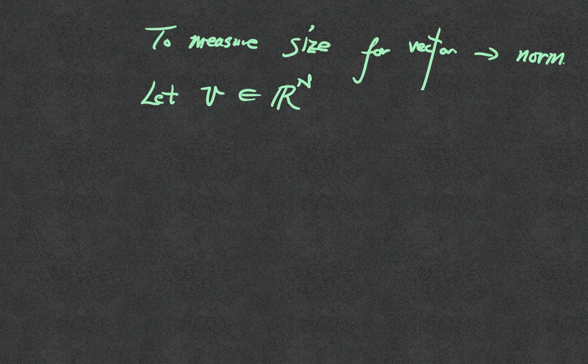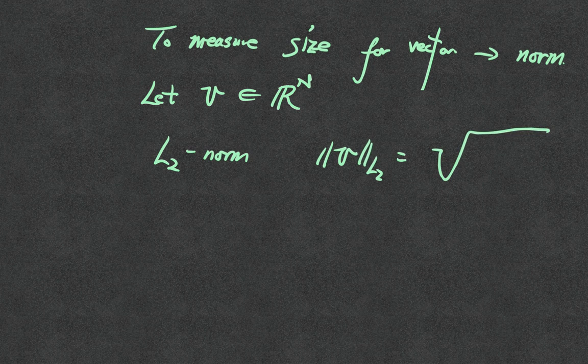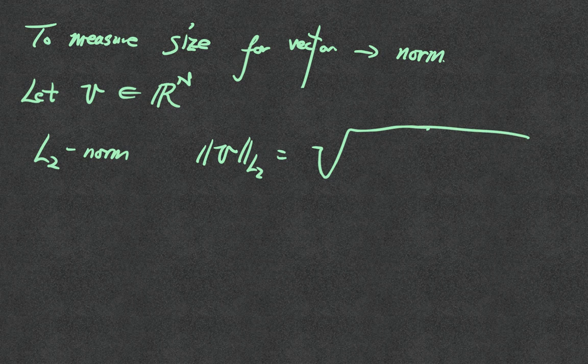The classical way you measure the norm, which you learned in undergrad when just saying norm, is the L2 norm, also called the Euclidean norm. You can write it like this, sometimes you just write 2, and simply this is the square root of the sum of the squares of all the components.